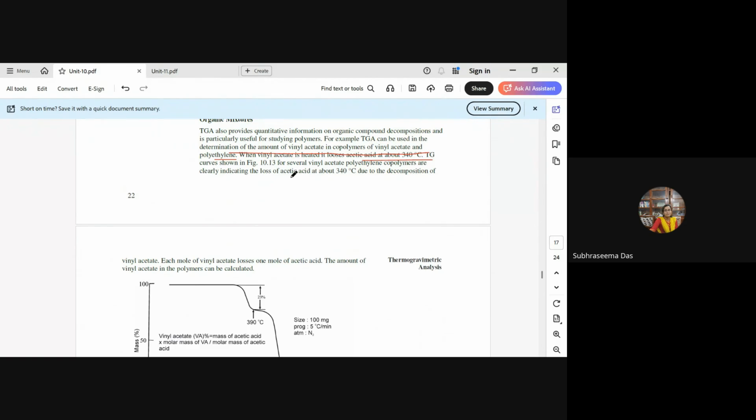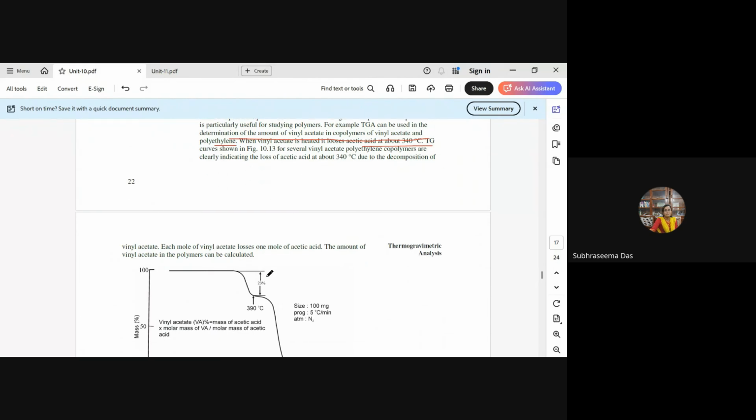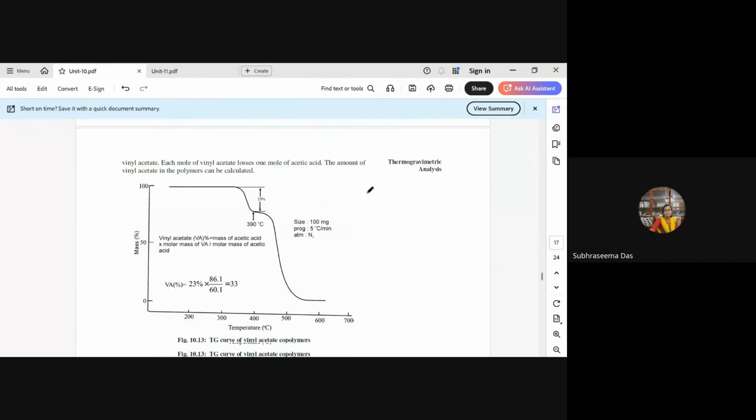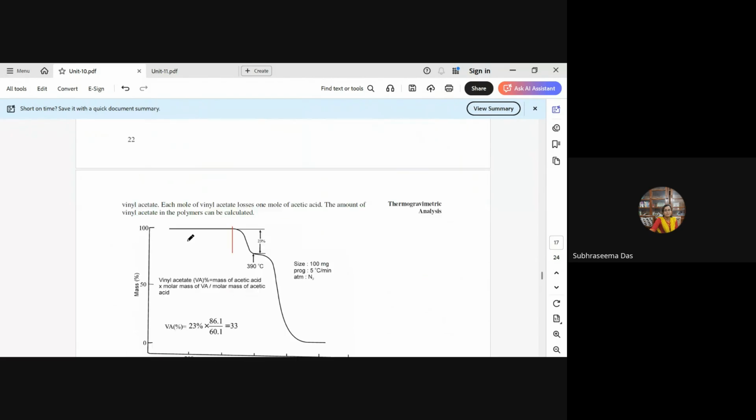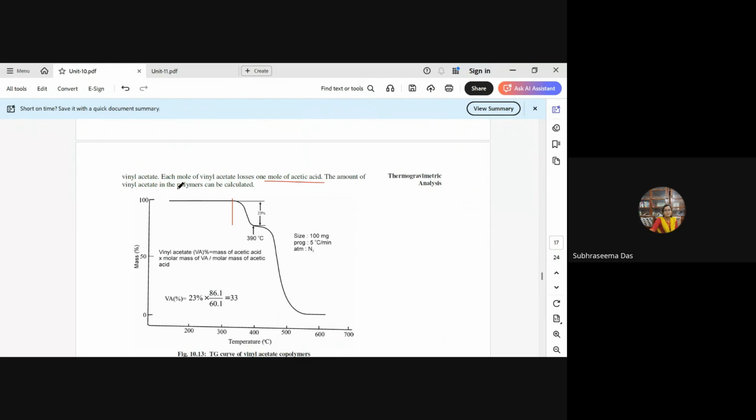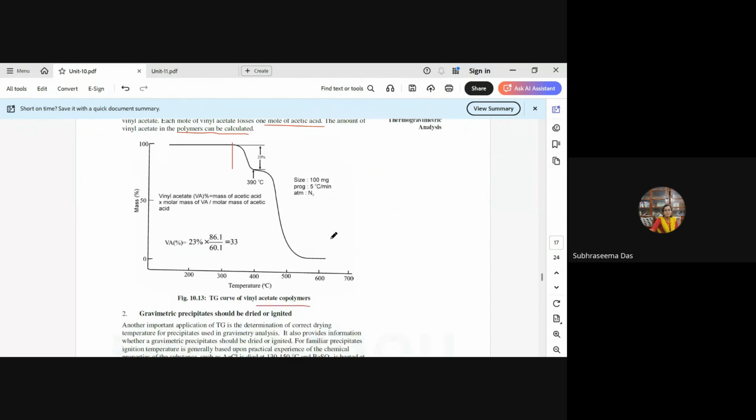The TG curve shown in figure 10.13 for vinyl acetate polyethylene copolymers indicates the loss of acetic acid at about 340 degrees centigrade, due to the decomposition of vinyl acetate. Each molecule of vinyl acetate loses 1 mole of acetic acid, so the amount of vinyl acetate in the polymer can be calculated accordingly.